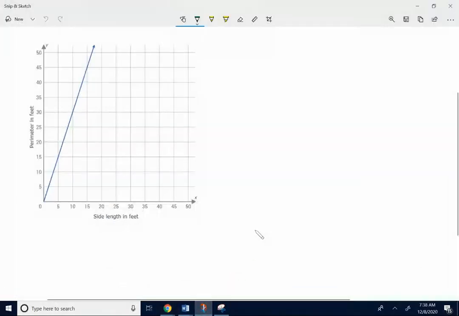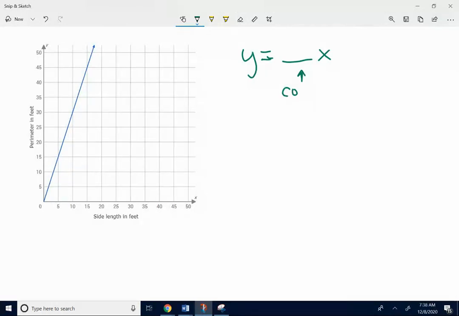Okay, remember, when we have an equation that's proportional, a proportional equation, it's always in the form y equals something x. That something in front of the x is all kinds of things when it's proportional. You could find that number by figuring out the constant of proportionality from a data table.